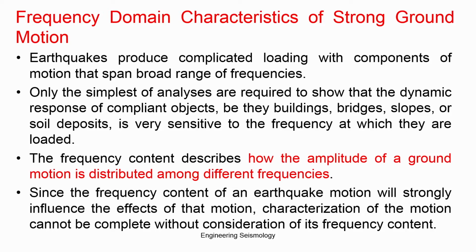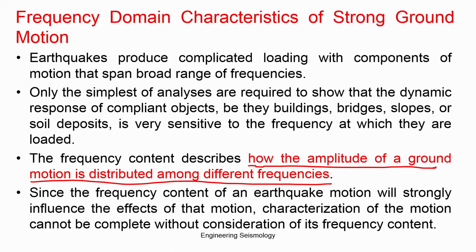In that context, the frequency content describes how the amplitude of the ground motion is distributed among different frequencies. Earlier, what we saw was the amplitude distributed over time, but here we are looking at how the amplitude of the ground motion is distributed among different frequencies.